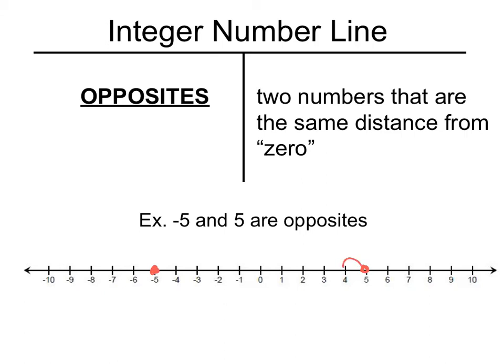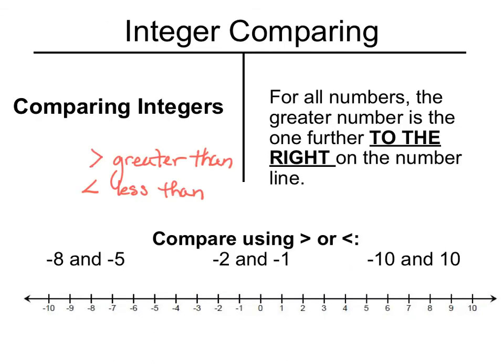Both of them are 1, 2, 3, 4, 5 spaces from 0. Do not get opposites mixed up with absolute value. They're two different things.